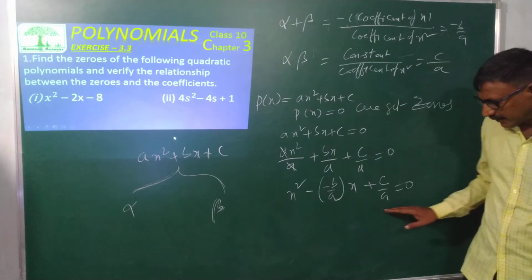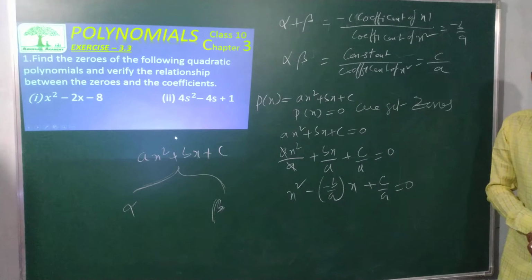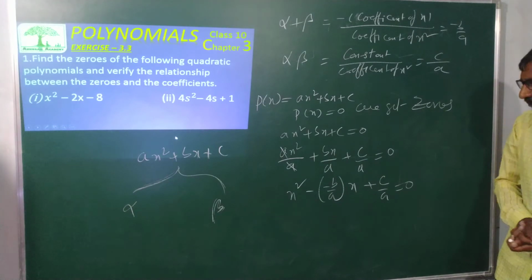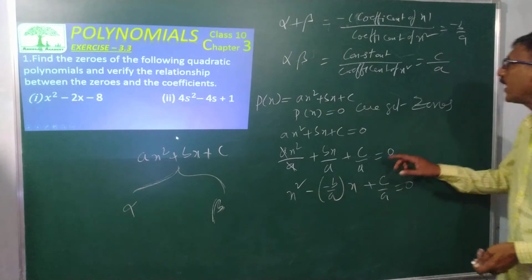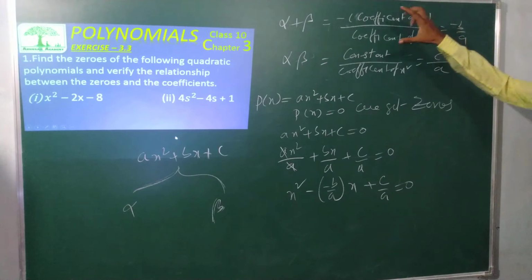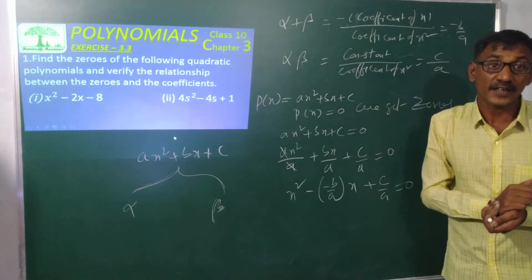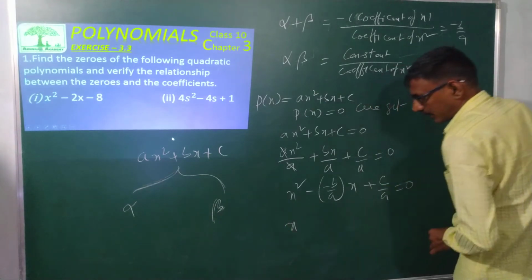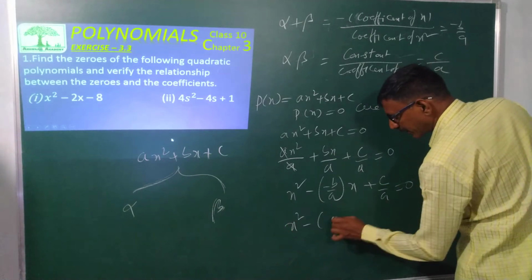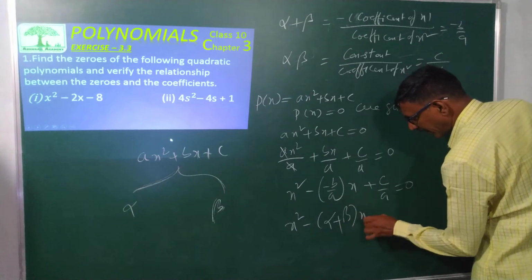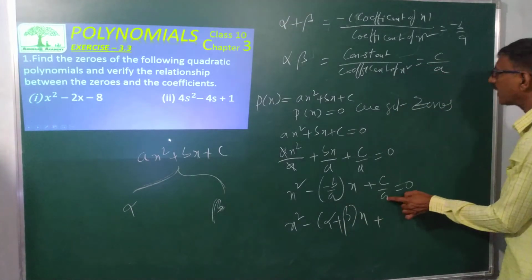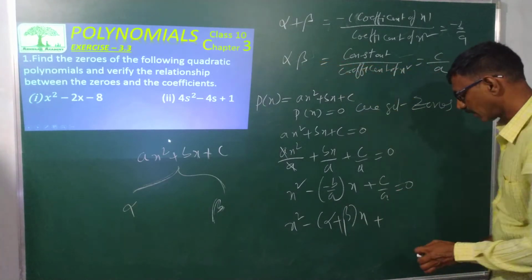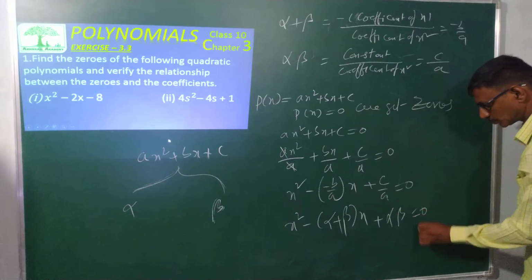By observing this quadratic equation, minus b by a is nothing but alpha plus beta, that is, the sum of zeros. Now I get x square minus alpha plus beta into x, plus c by a, which is alpha beta, is equal to 0.